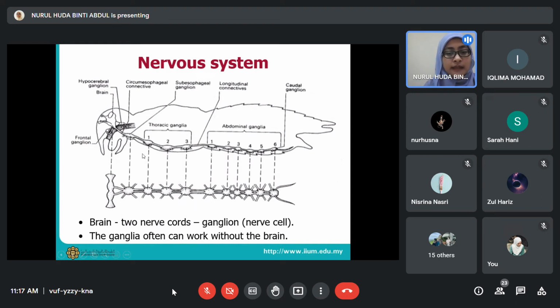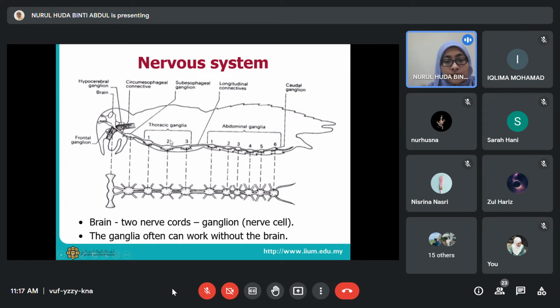Okay, and the ganglia usually can work without the brain. So you can see here, okay, they have a thoracic ganglia. They have many type of other ganglia. They have hypocerebral ganglion near the brain.